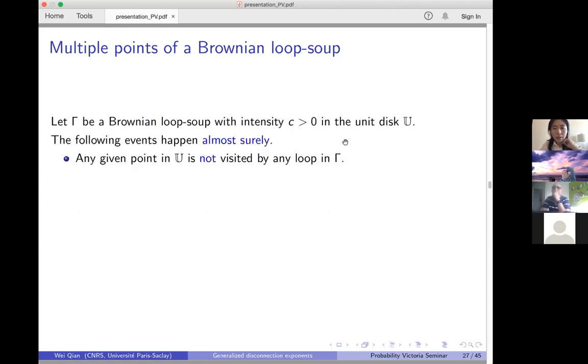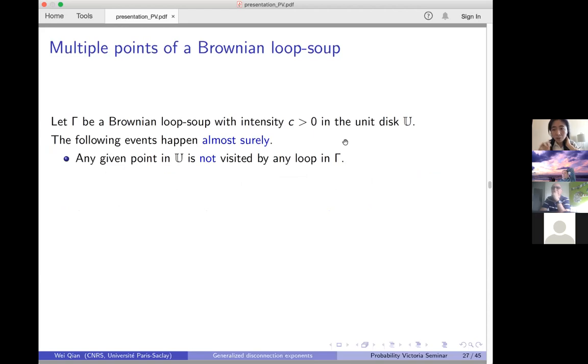Let us first see what basic facts we know about them. If you just take one given point in the unit disk, then it is almost surely not visited by any loop in the loop soup. This is because one Brownian motion almost surely doesn't visit a given point.